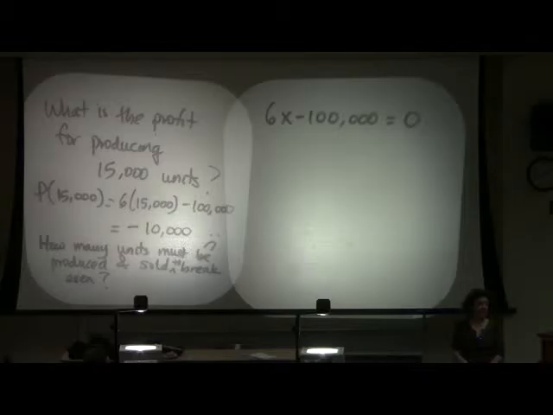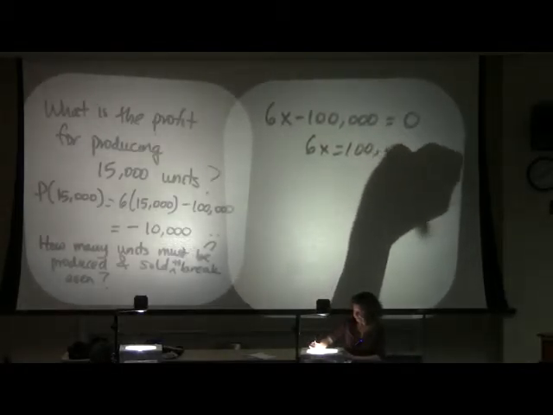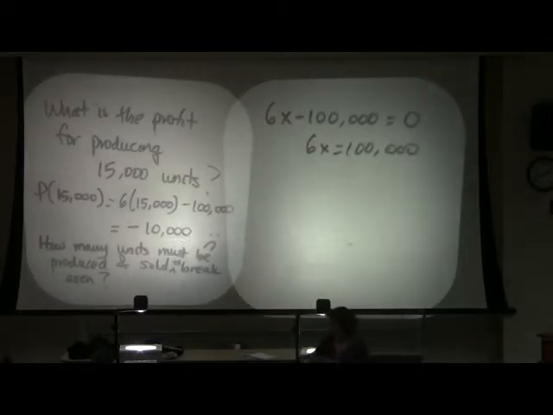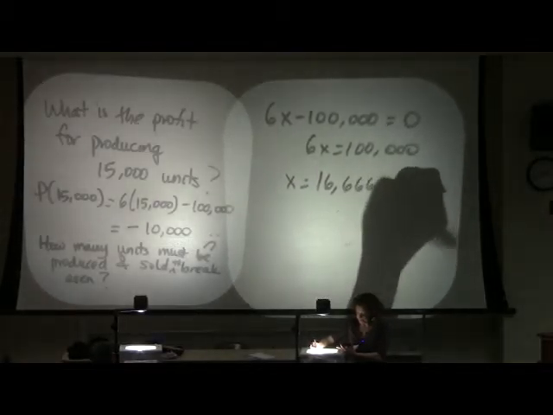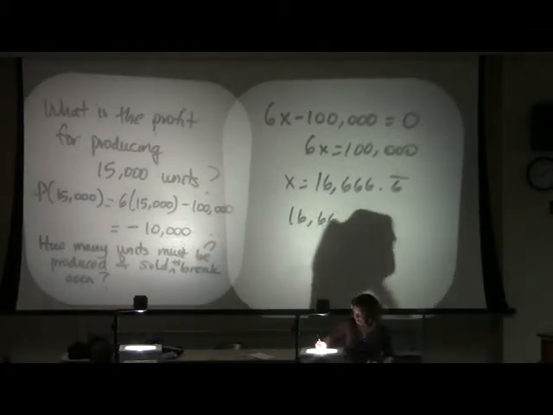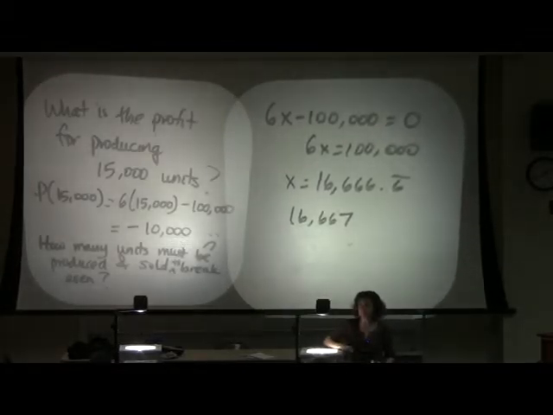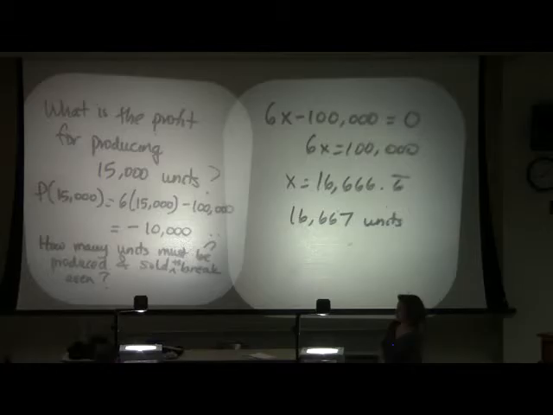So you take your profit function, set it equal to 0. Is this something we can solve? One hopes. Scoot your 100,000 over. And then divide by 6. And you're going to get X to be 16,666.6 repeating. Since we're talking about the number of units, you would have to round up because 16,666 isn't enough. So this is how many units we would need to produce and sell. Does that make sense?